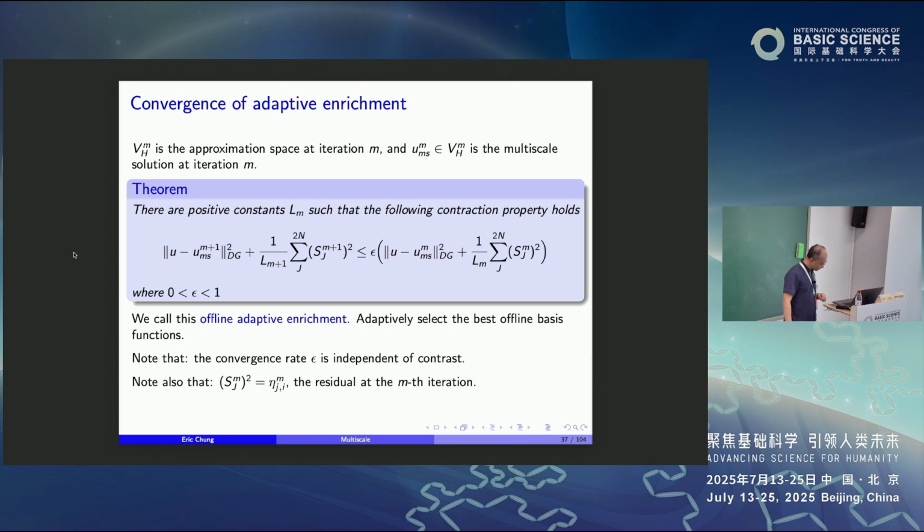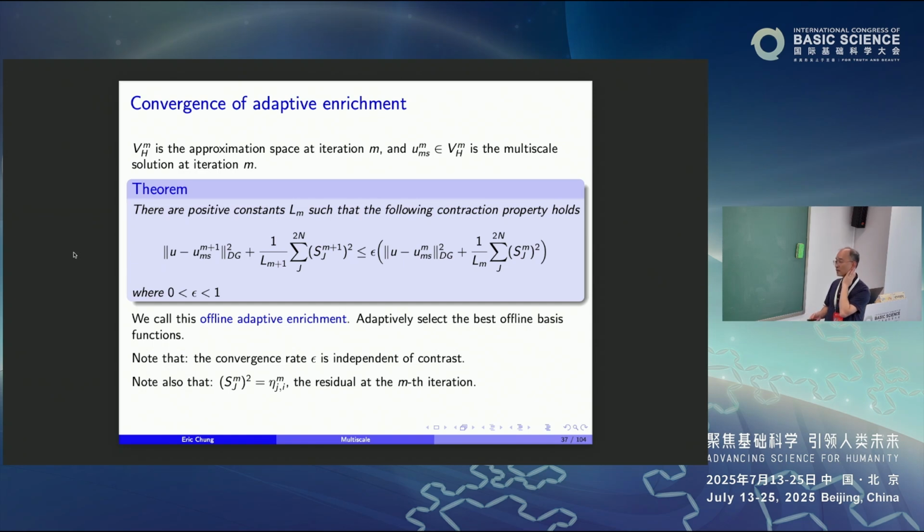And let me show that this iteration converges. Again, we have an iteration, and the m here is the mth iteration. So we have an iterative procedure, but basically it shows that we have this contraction. If you look at the error at the (m+1)th iteration, and compare it with the error at the mth iteration, then you see that the error is reduced by this factor epsilon.